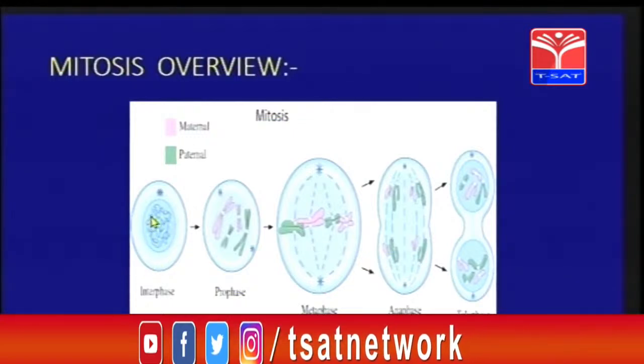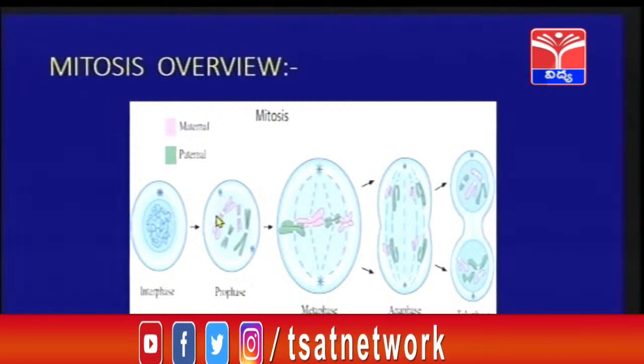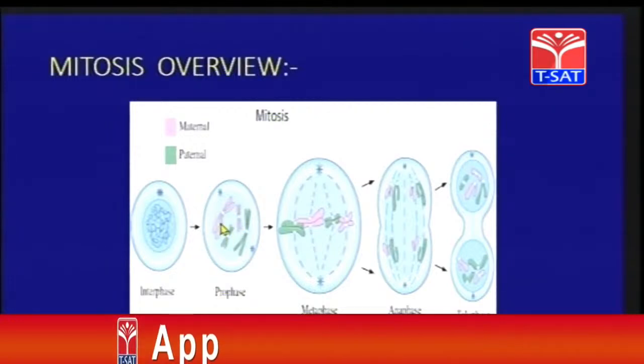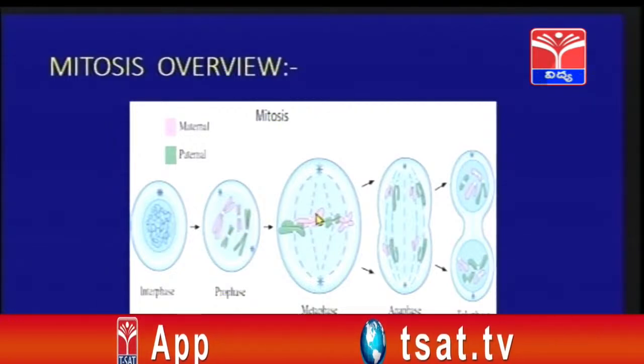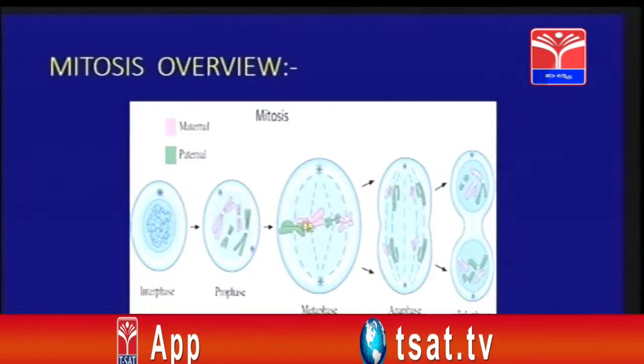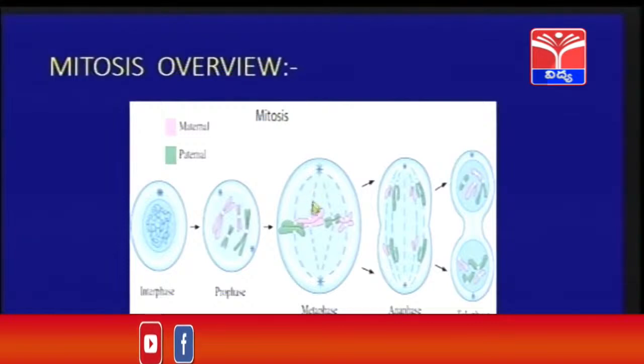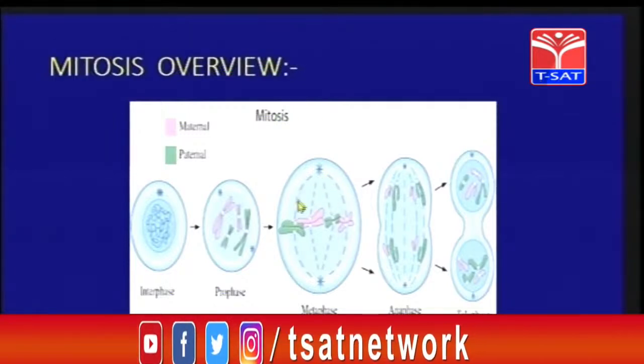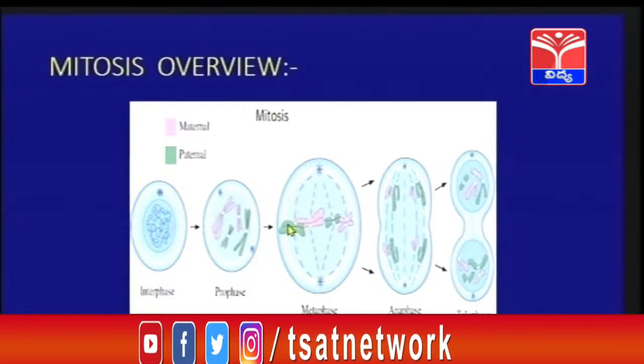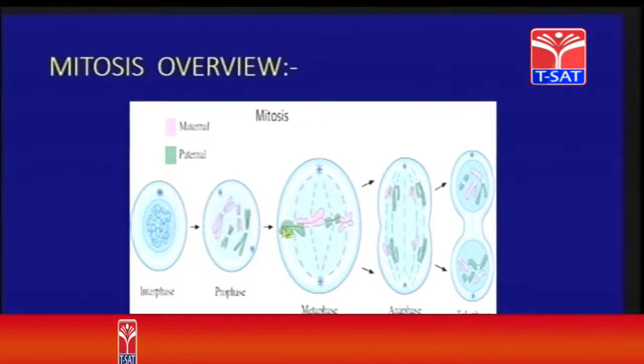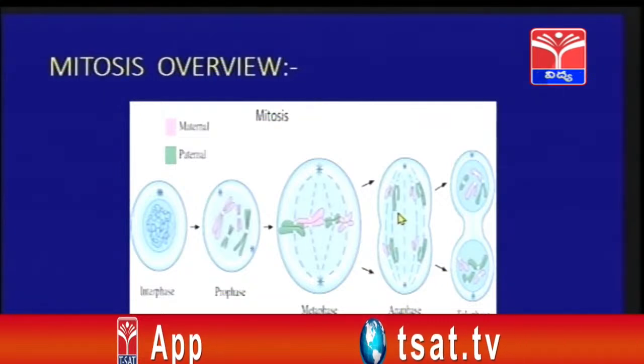Immediately after interphase, prophase will take place, where the chromosomes will condense and thicken. Whereas in metaphase, the chromosomes move towards the middle of the cell with the help of spindle fibers attached to the centriole. That is, the centrioles attach the spindle fibers to the chromosomes, and they are brought to the middle of the cell.